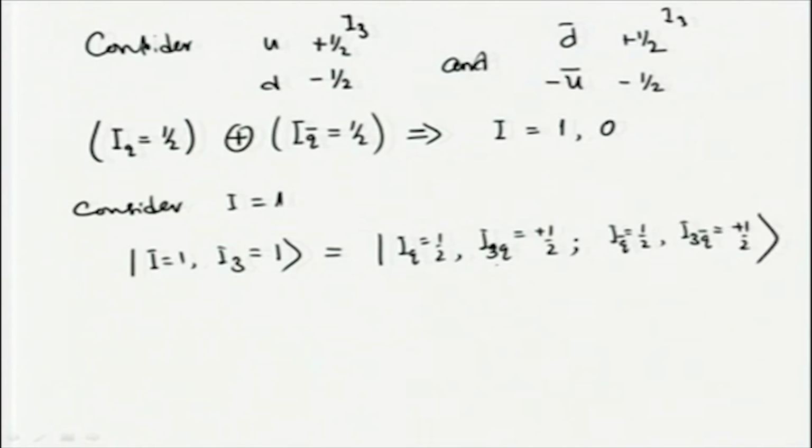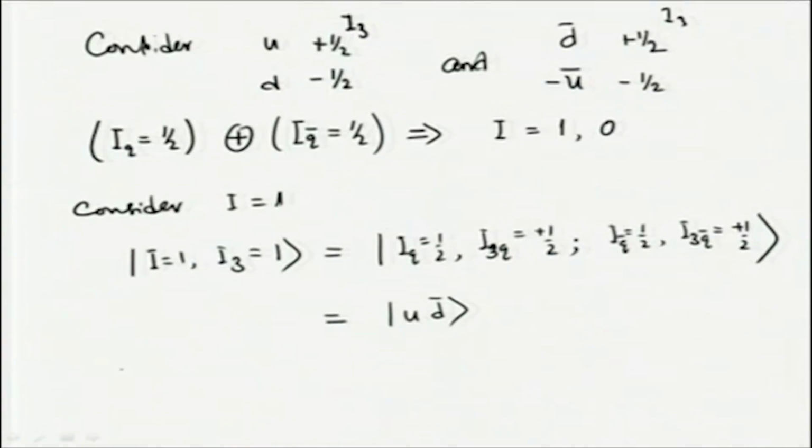So, I3 q and I3 q bar add up to 1, which is the I3 of the combined system. And we ask the question, do we have a particle like this found in nature?